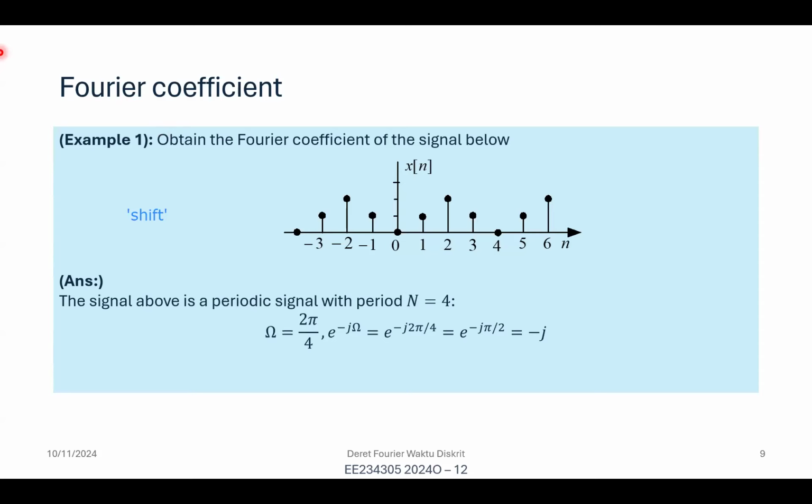Here we can see that this is the periodic signal, the discrete time periodic signal. And we obtain here the Fourier coefficient of the signal below. So we have a periodic signal and we are asked to obtain the Fourier coefficient. And for this signal, we have to interpret this graph, right?